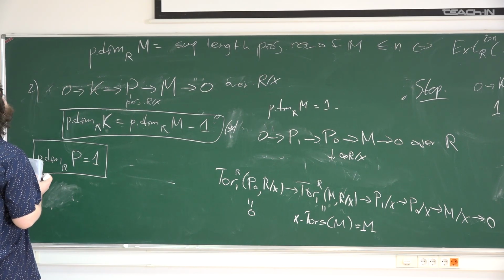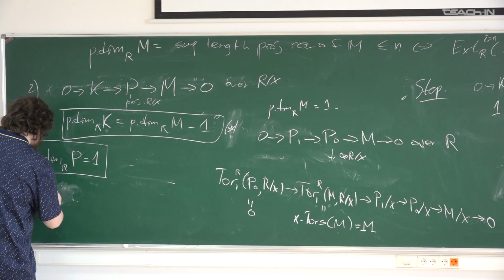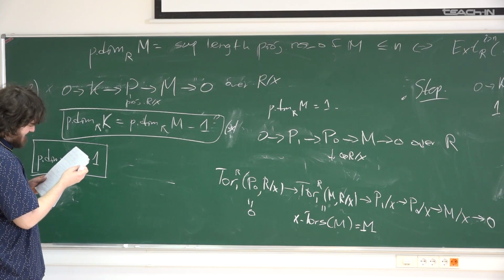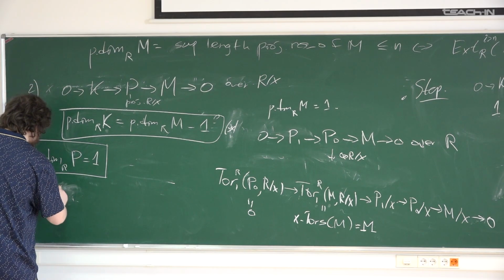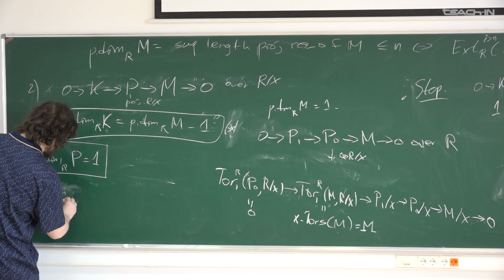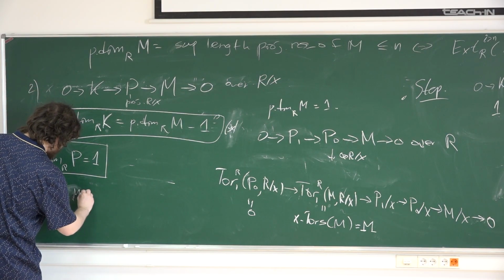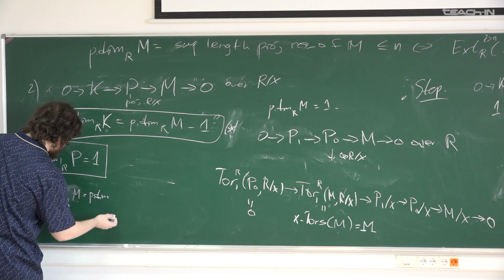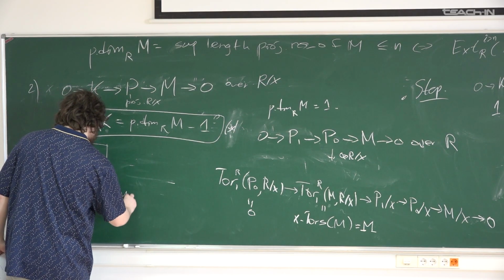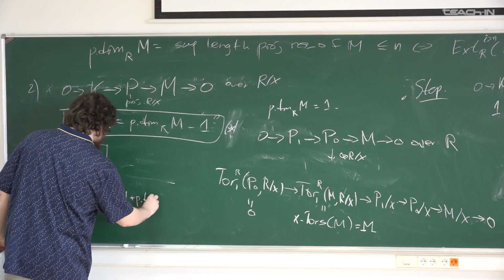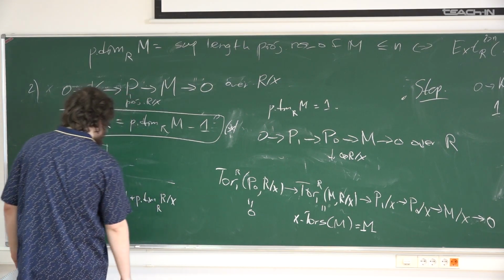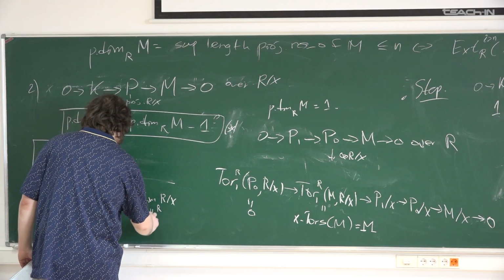From the previous one we have that, maybe we have something like RS, RM, dimension of R modulo X, M plus projective dimension of R modulo X by R, and this is 1.